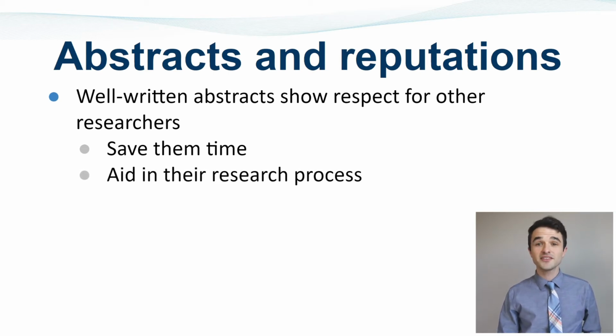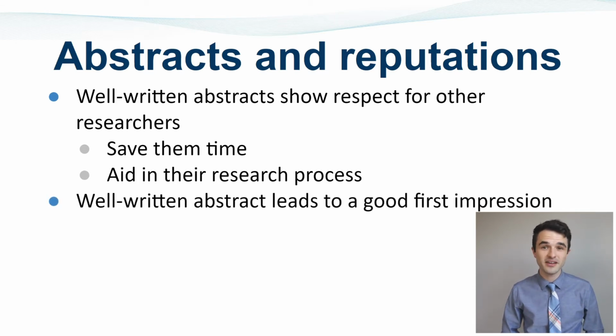A great way to earn respect in your field is to write your abstract well, because this will lead to a good first impression. After you have read 100 or 200 papers, you will start to recognize the authors that are producing work you love to read. And eventually, you will go straight for the author's new work when you have enjoyed their past work.